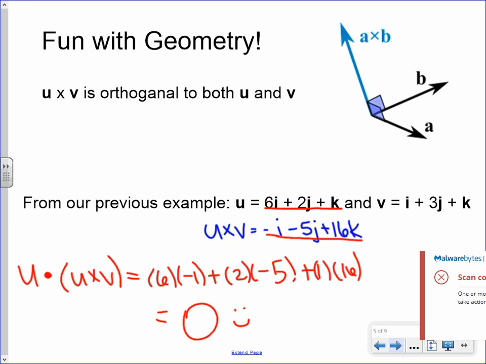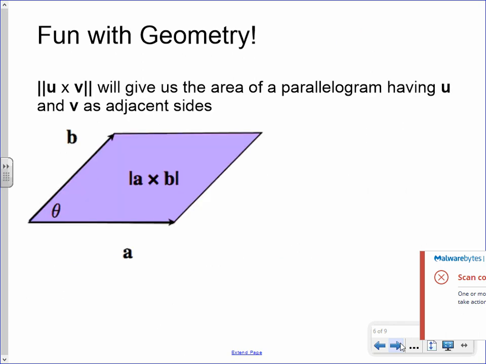If you don't know the height, you just know the sides, you would have to do some work to find it, right? What's nice is if we have vectors that make our sides, the magnitude of the cross product will be the area of our parallelogram.